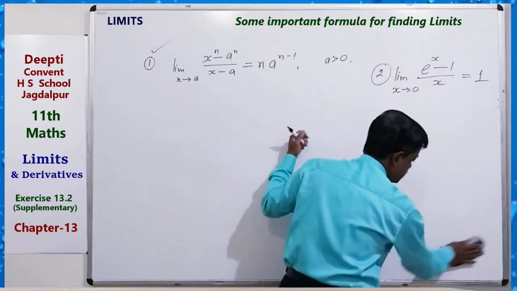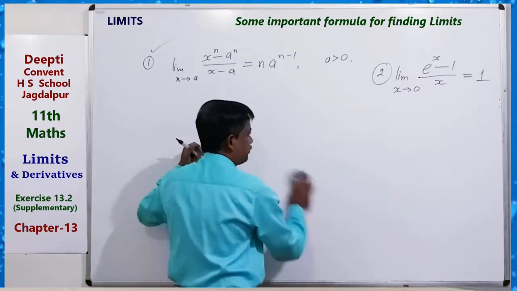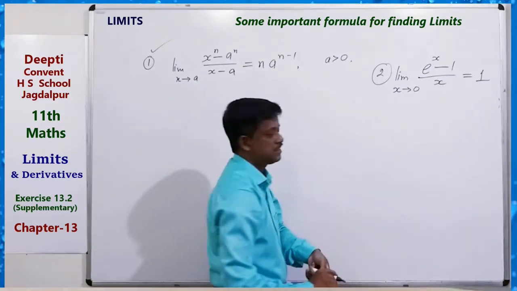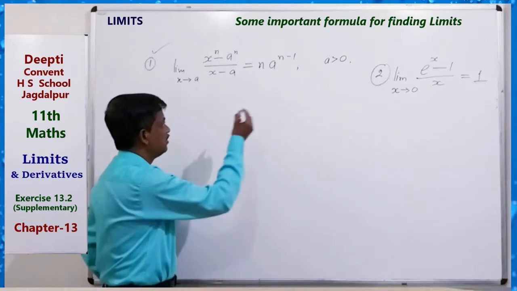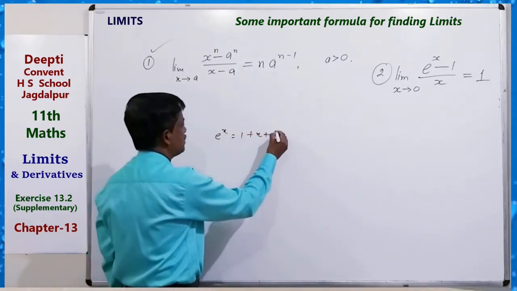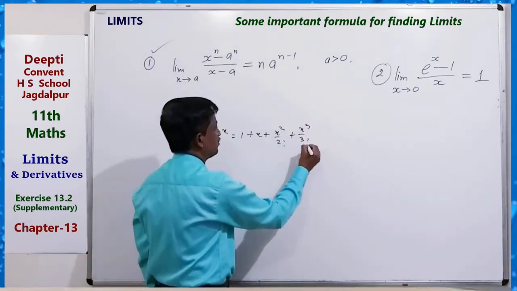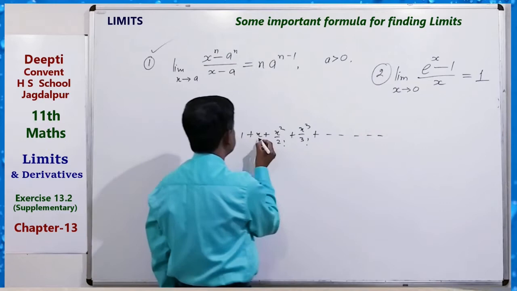Here also, the series for a to the power x is just like e to the power x. What is the series of e to the power x? 1 plus x plus x square upon 2 factorial plus x cube upon 3 factorial plus, and so on. This is our series.